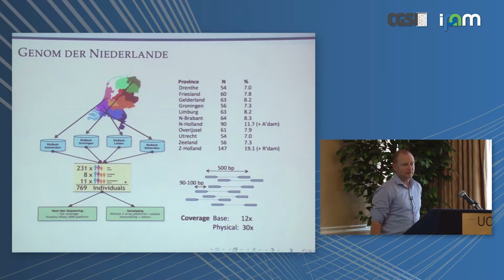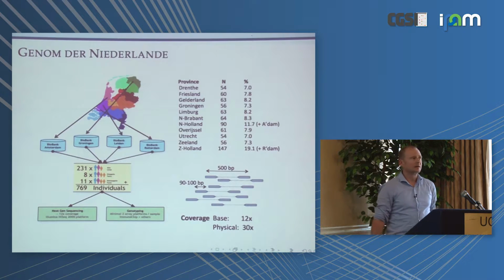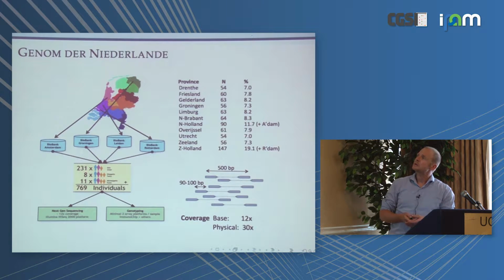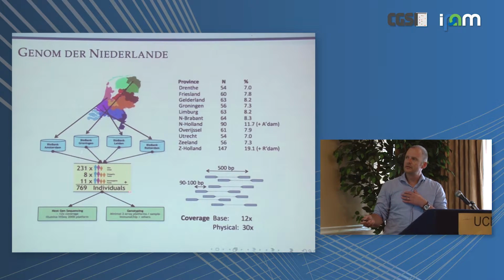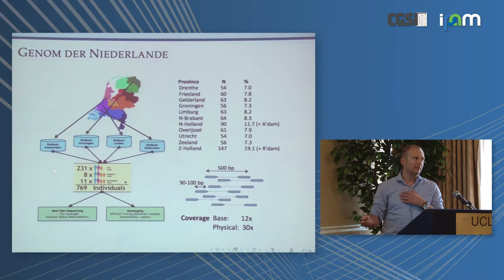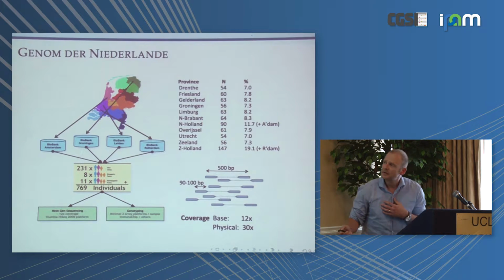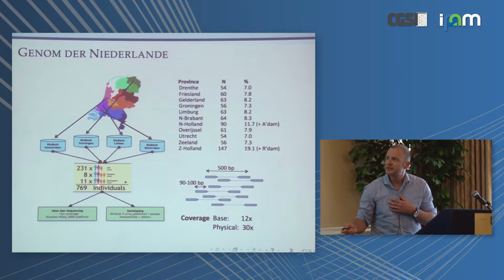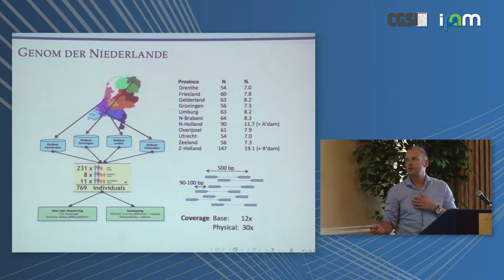So this is the Genome of the Netherlands. Okay, it's the German title. I patched together some slides here very quickly. Anyway, we had 769 individuals, and they came all in families. So 231 trios, 8 dizygotic twin quartets, and 11 monozygotic twin quartets.